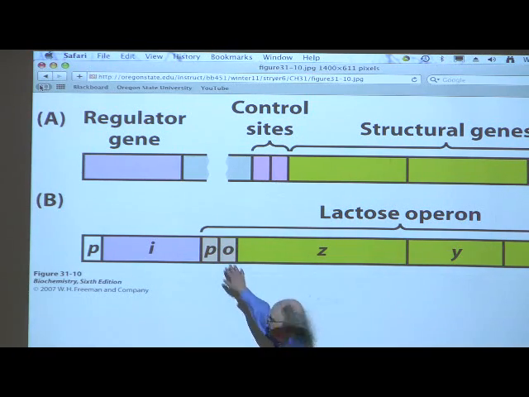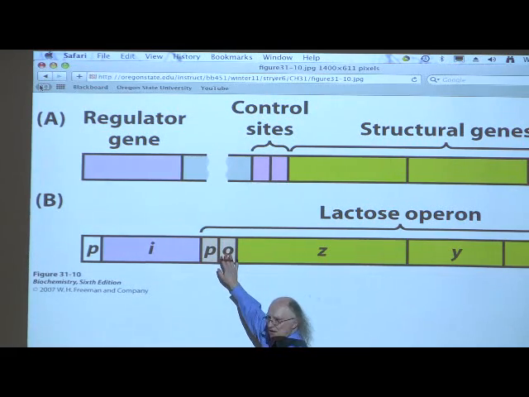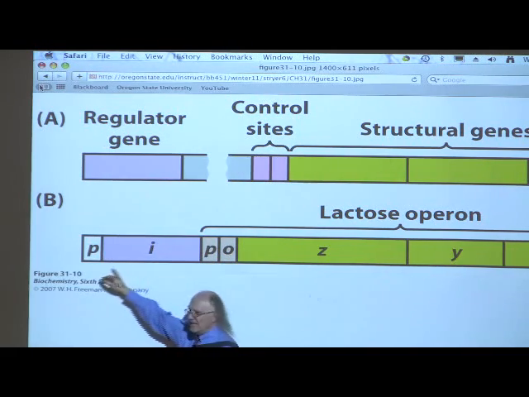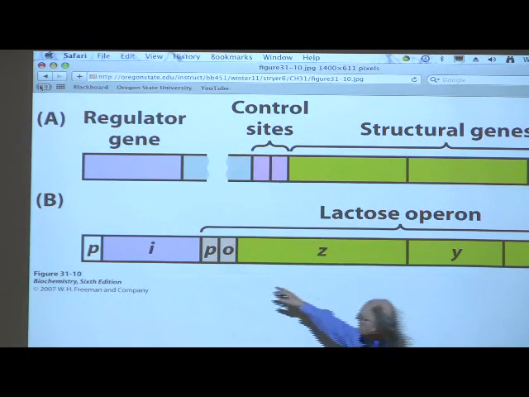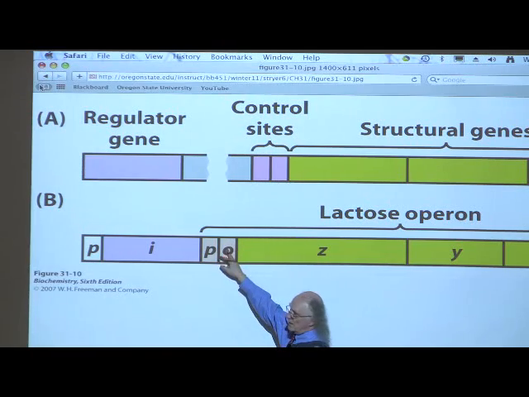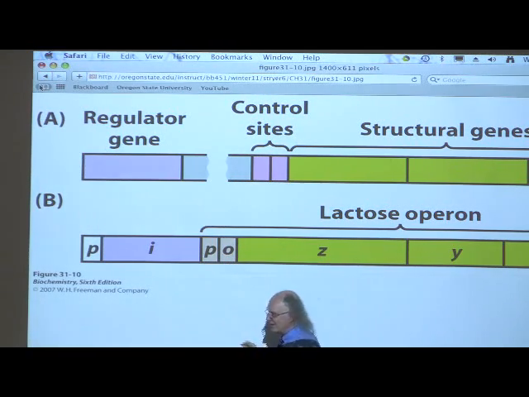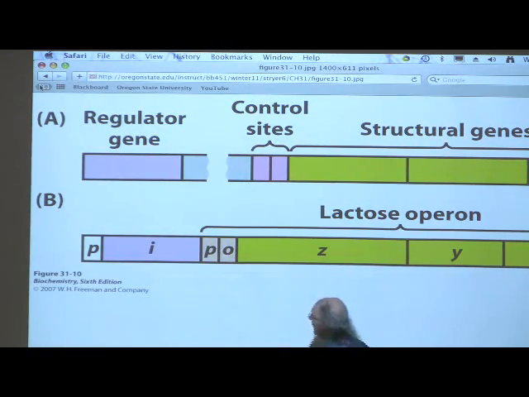The operator is the sequence, as we're going to see, that the lac repressor binds to. Now, near the operon, and technically this figure is not right because the operon does not include these sequences. So that really should be right there.